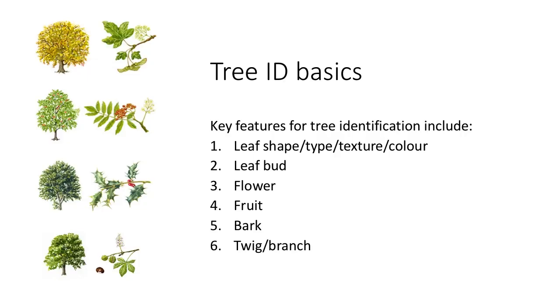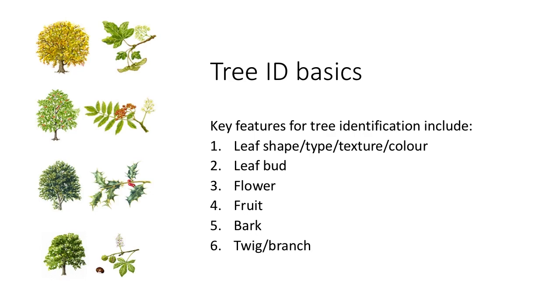When we talk about IDing trees, what are we actually looking at? Some key features for tree identification are the leaf, so not only the shape, but the type, the texture and the colour. The leaf bud, the flower, the fruit, the bark, and then the twig and the branch.